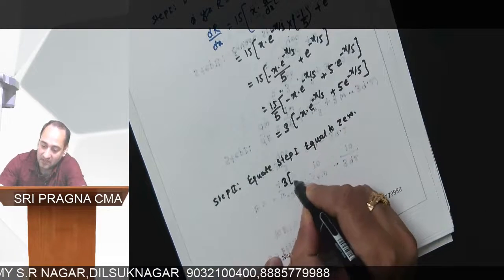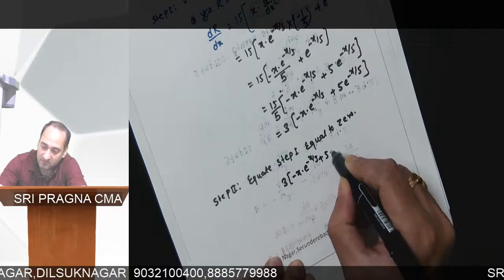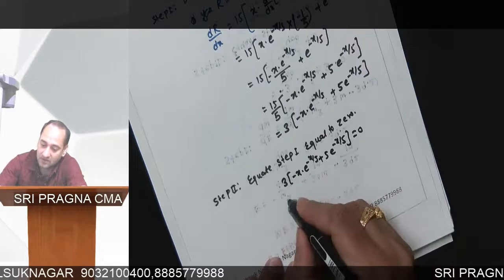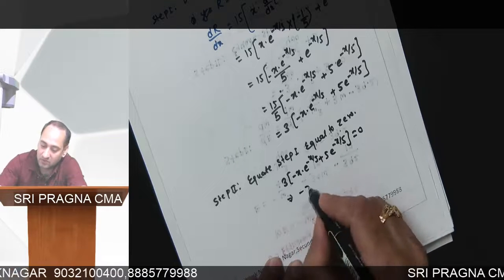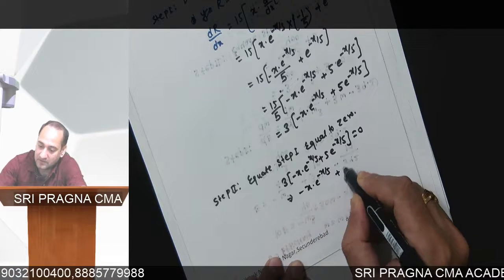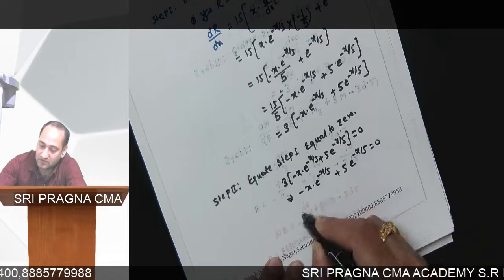So 3 minus x e to the power minus x by 5 plus 5 e to the power minus x by 5 equal to 0. So obviously it is minus x e to the power minus x by 5 plus 5 e to the power minus x by 5 is equal to 0.